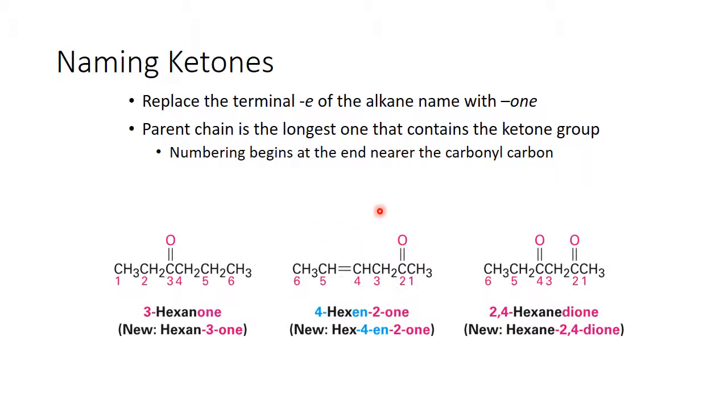To name the ketones, we're going to end them with -one. So if I count the number of carbons in the chain, for instance, on this first one, I see 6, so I called it hexanone. We do have to number where the ketone is, except for in propanone, in which it has to be on the number 2 carbon, and in butanone, it has to be on the number 2 carbon.